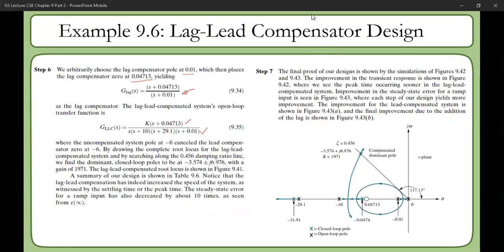For the lag compensator design, you can go back to the design problem that you did before the Eid vacation. I'm trying to do it a bit fast because there are still two more chapters left after this one, and we only have 1 week left.